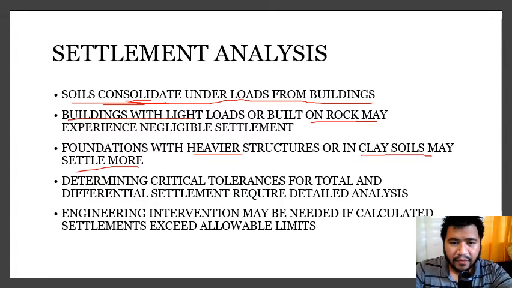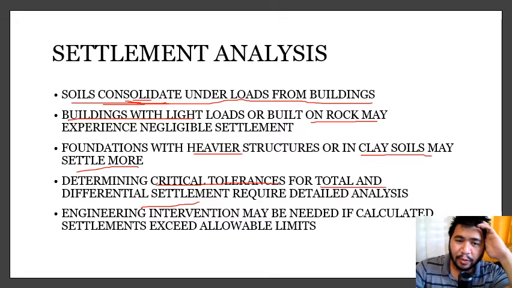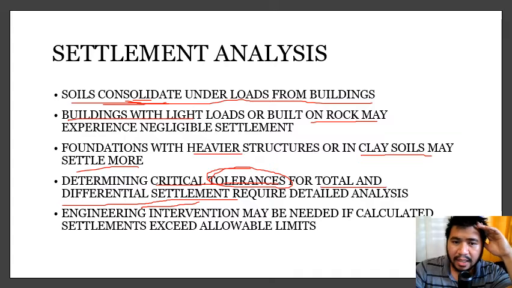And of course, buildings by nature can tolerate some amount of settlement. They can tolerate a certain amount of total or differential settlement, and there are existing standards and guidelines for determining critical settlement.